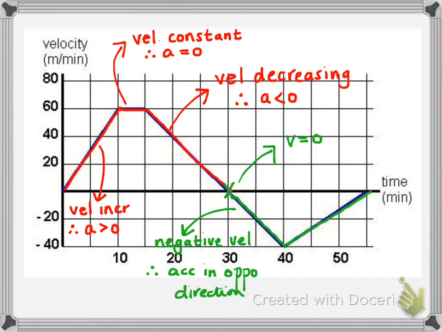This last portion, between 40 and 55 minutes, once again shows a positive gradient. So we have a positive acceleration, greater than 0, and in the context of this graph, it means that the object is slowing down from minus 40 back down to 0 and coming to a stop at 55 minutes.